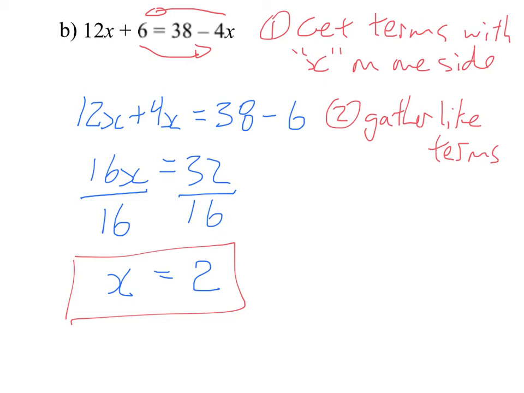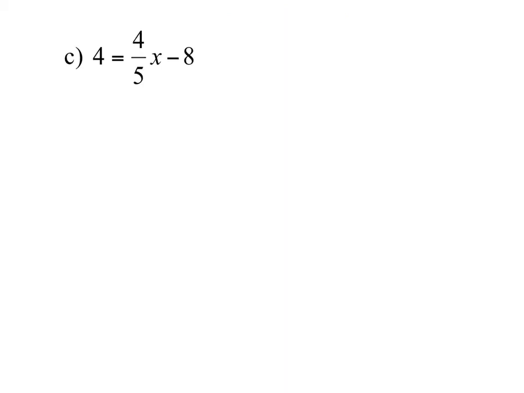Let's move on to C. All right, now looking at C, just because there's a fraction, a lot of people are just going to panic and forget all the rules that we said previously. But if you remember what we talked about, it's to get the term with x all by itself. So to do that, and it's okay, it's on the right-hand side. We could put it on the left-hand side, but as long as it's all up by itself on one side.